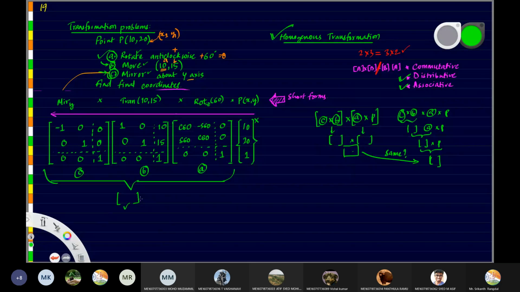So this kind of matrix is called a composite transformation matrix. What is a composite transformation matrix?